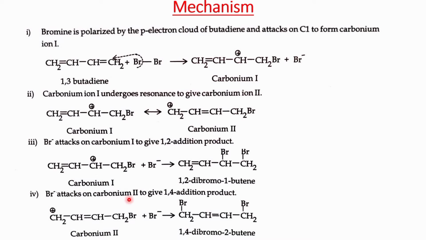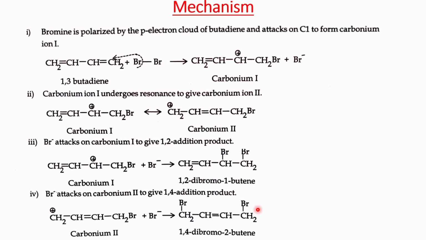Similarly, this is carbonium ion 2. That means the positive charge is now at this carbon. At this position the bromine gets attached, and since we already have one bromine at the first carbon, the other bromine attaches to the fourth carbon, so it gives 1,4-dibromo-2-butene.